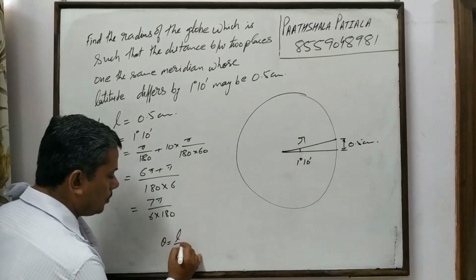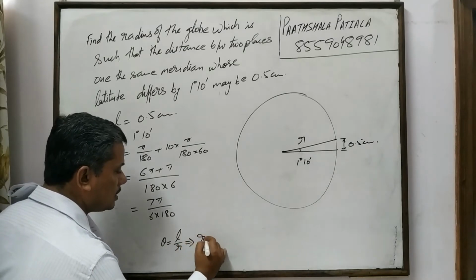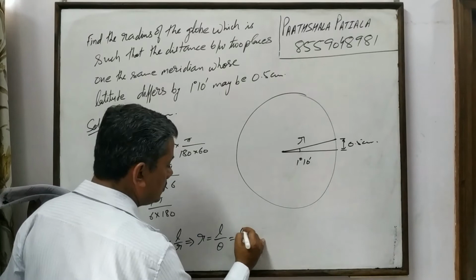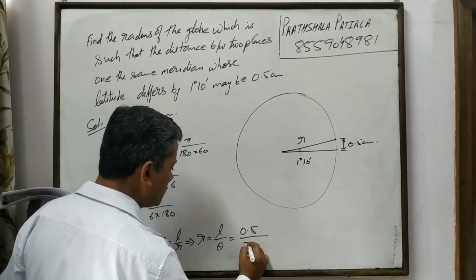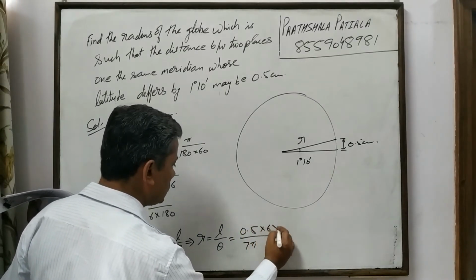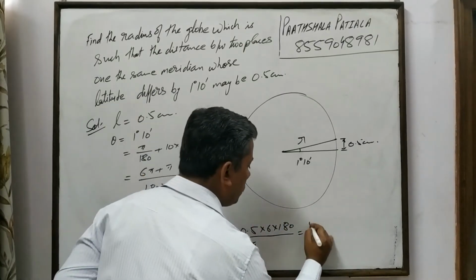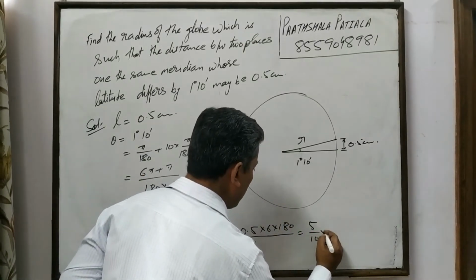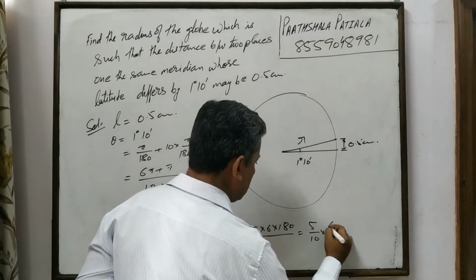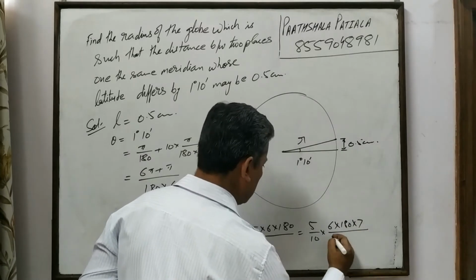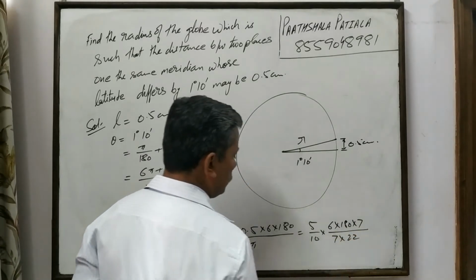Now you need to find R. Theta is equal to L upon R. This implies R is equal to L upon theta. L is 0.5 divided by theta, 7 pi upon 6 into 180. Solve this. You will have 5 by 10 into 6 into 180 into 7 upon 7 into 22.